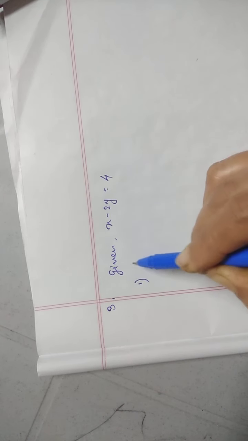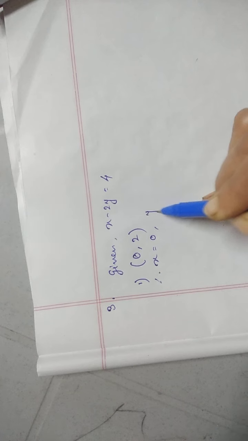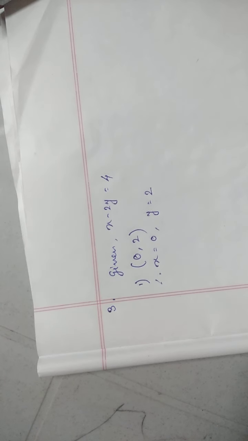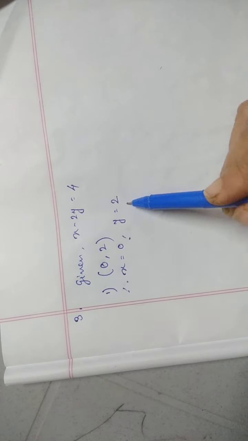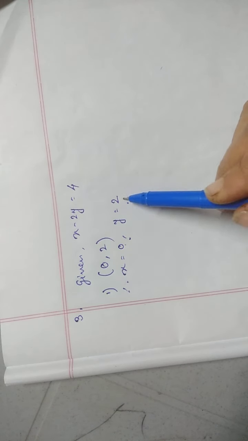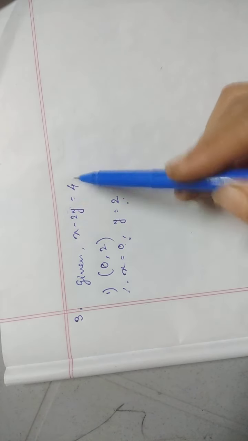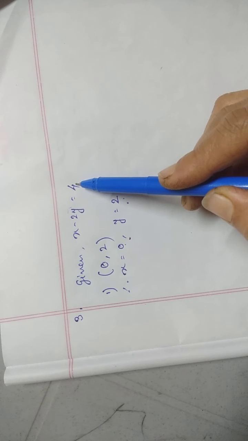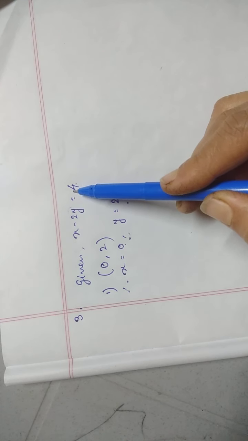Okay, now number 1, it is given 0 and 2. That means x is equal to 0 and y equal to 2. Now these values you have to put in the given equation. Okay, after putting them in, if you find the left hand side is equal to 4, then this is the solution of the given equation.